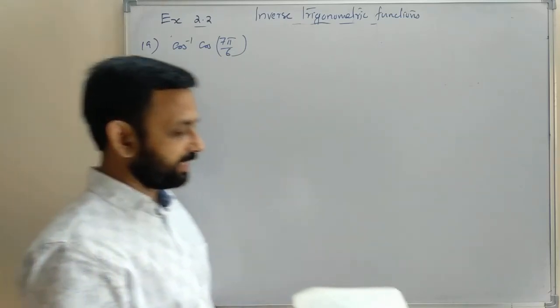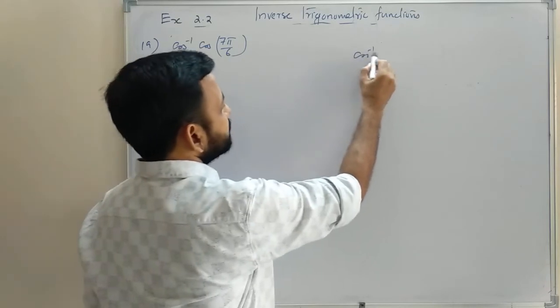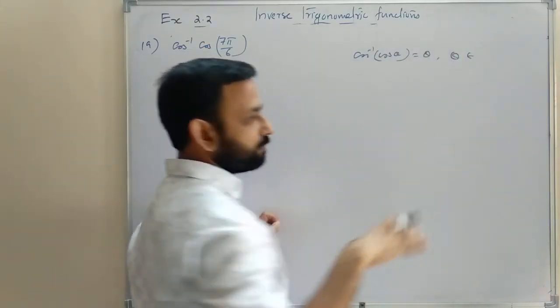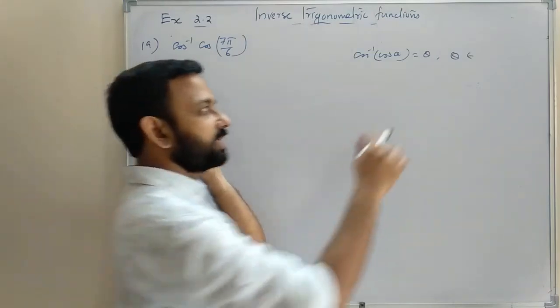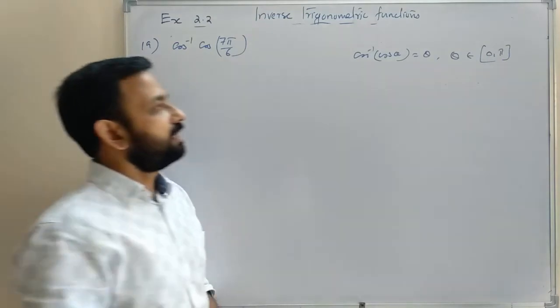We need to find its value. Cos inverse cos theta is equal to theta only when theta belongs to the principal value branch. Here the principal value branch is the closed interval 0 to pi.